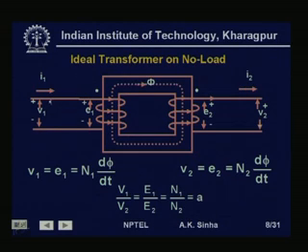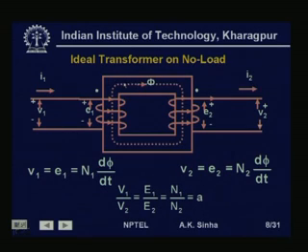Okay, so now we see how this transformer works. We have connected an alternating voltage source with a voltage V1 to this primary side, or side 1, winding. What is going to happen is, as we said earlier, with a negligible amount of current flowing through this winding, we will have a flux phi set up in the core.